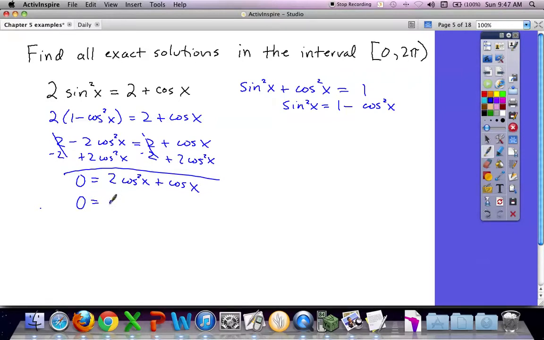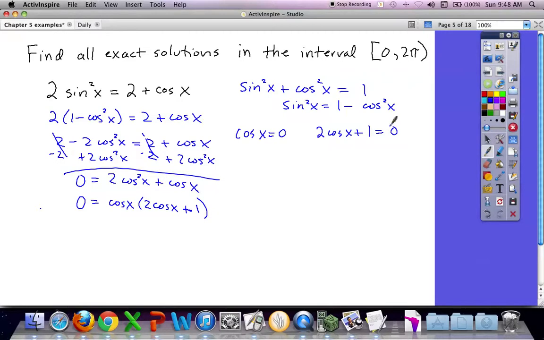0 equals cosine x times 2 cosine x plus 1. Right? So by zero product property, we know either cosine x equals 0 or 2 cosine x plus 1 equals 0.